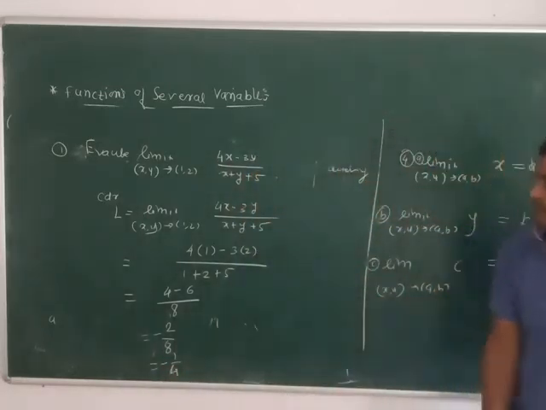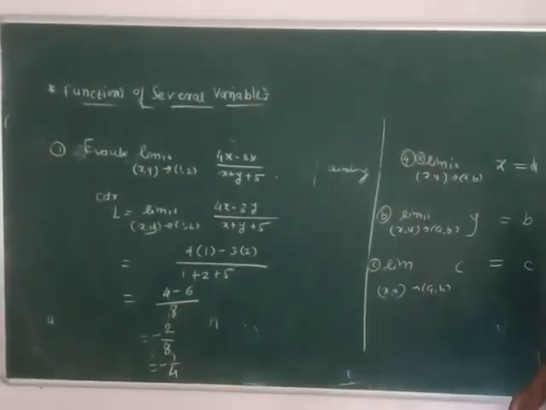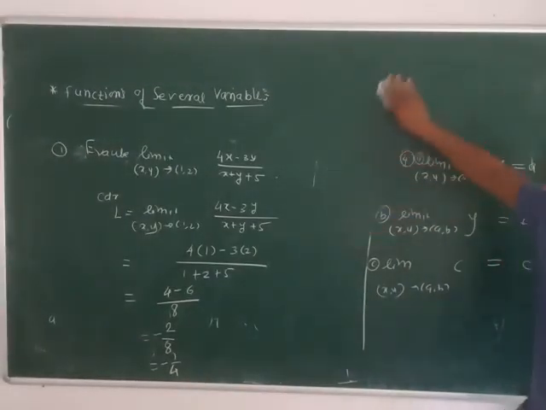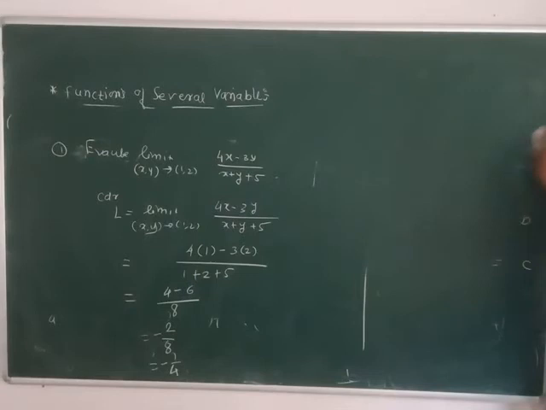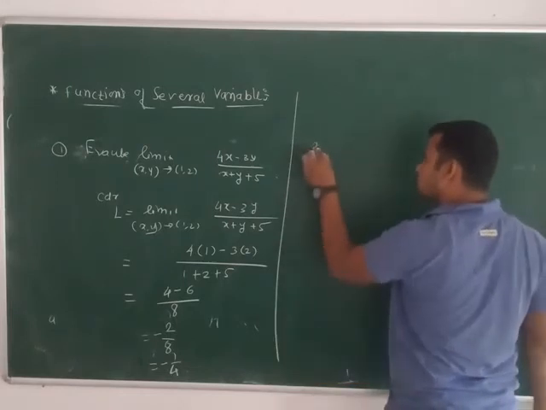This is simply the limit of this function at the point (1, 2). So it is very easy to find the limit of these functions of several variables. Next example.